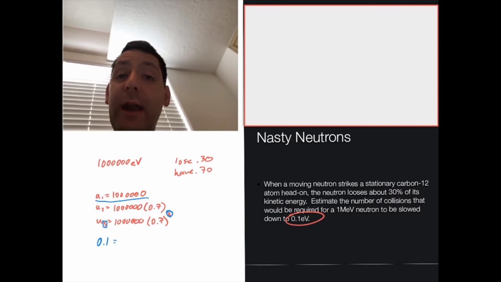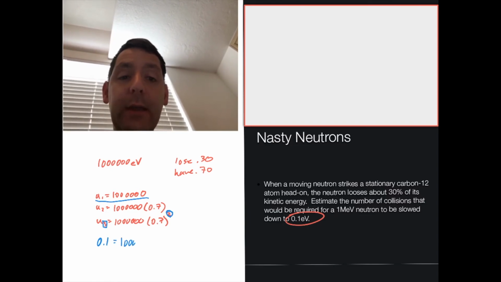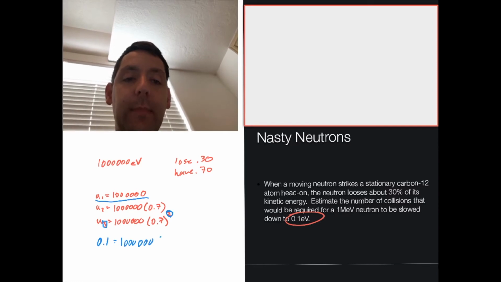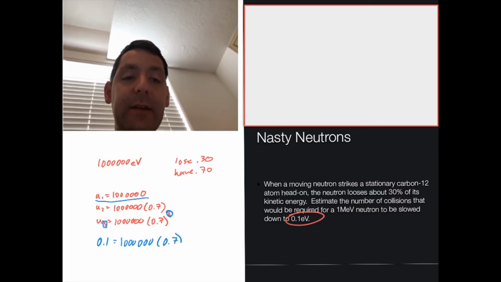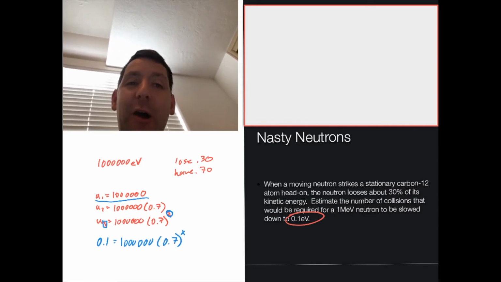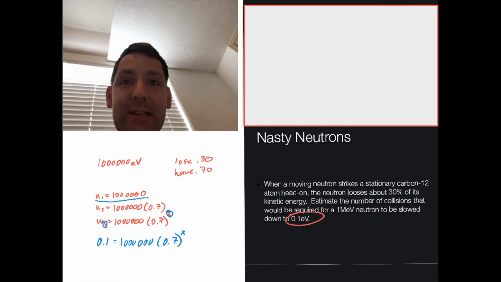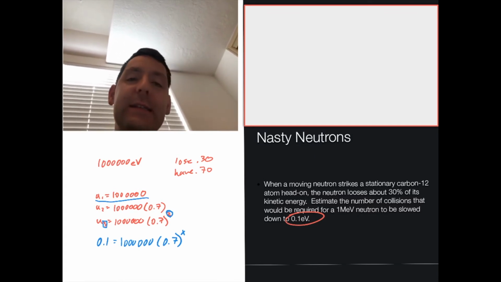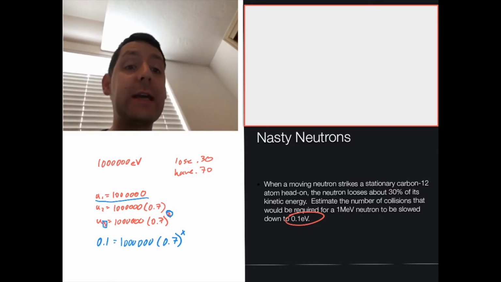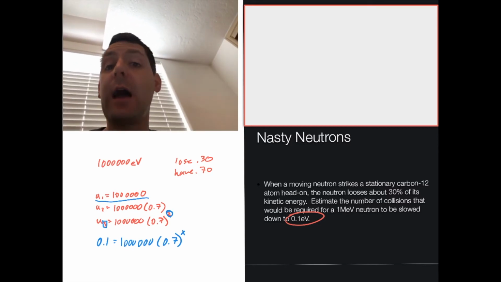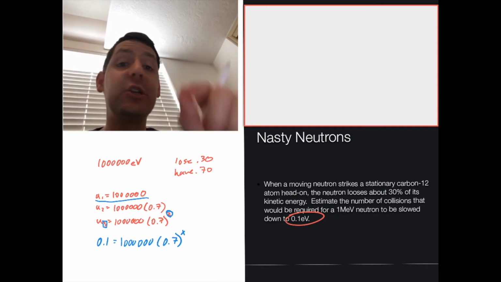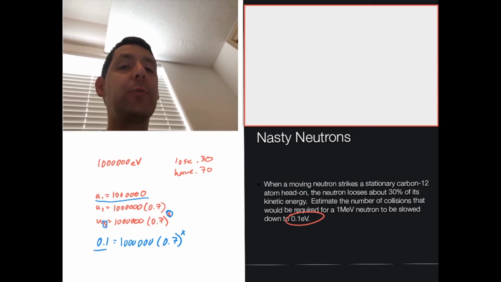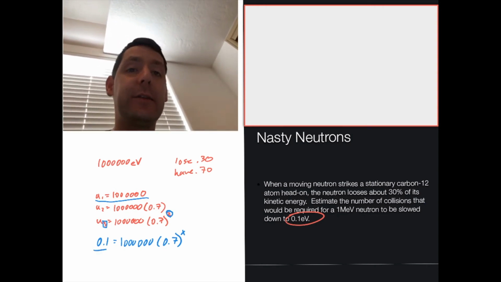So this is what I get when I take 1 million and multiply by 0.7 to the x power, and you could do an insolve for x. When you do your insolve for x, it should give you then how many times you need to get. Now, it's probably going to give you a decimal, so always round it up because the collision before won't get you to 0.1. It has to be the next collision, all right?